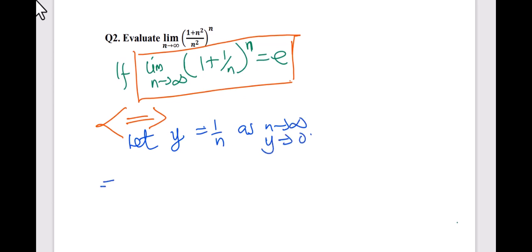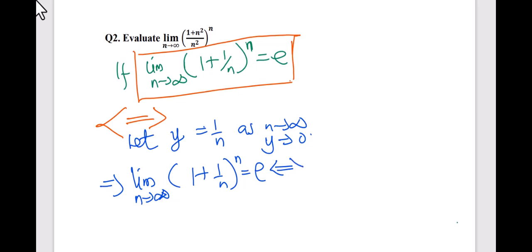So this will imply that the limit as n goes to infinity of 1 plus 1 over n, all power n, equals e, is equivalent to the limit as y goes to 0 of 1 plus y, all power 1 over y.